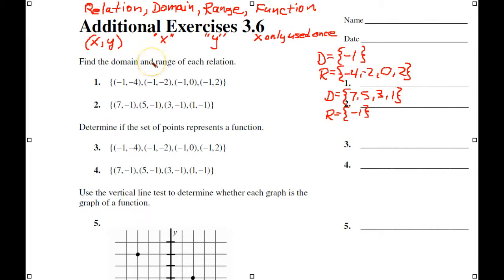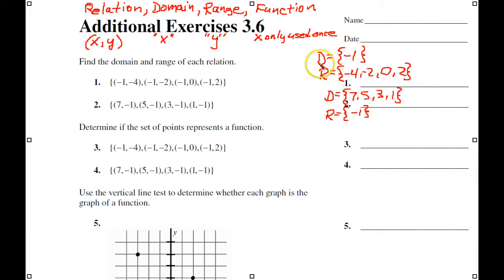So, for example 1, we are asked to find the domain, and the protocol for it would be to put a D, a brace, and then you look at the x elements. Well, as we see them, they're all the same, so we write it once. If it's repeated, we don't write it again.